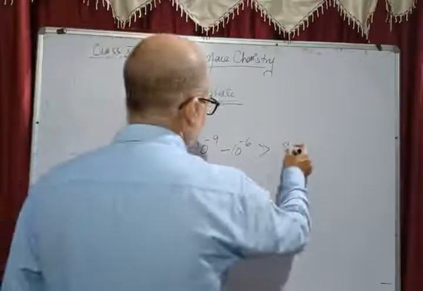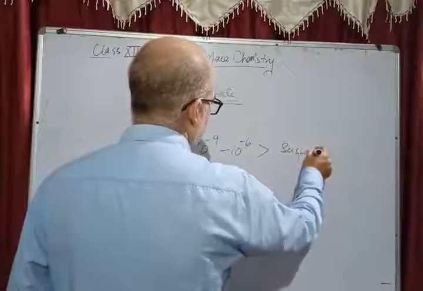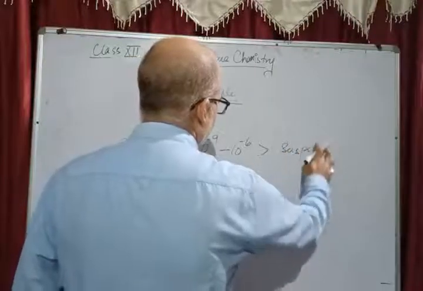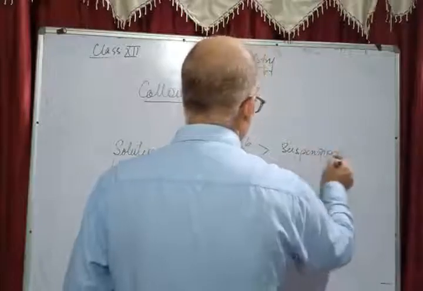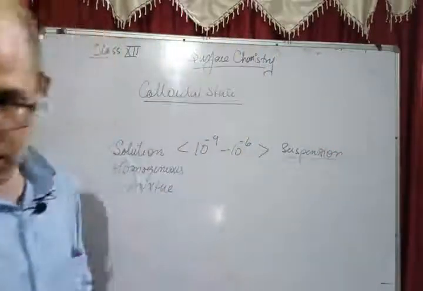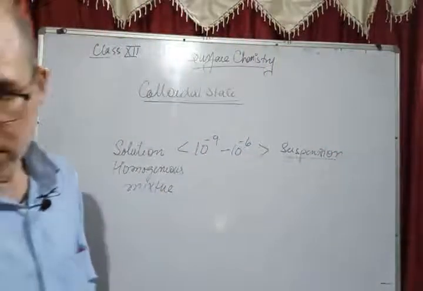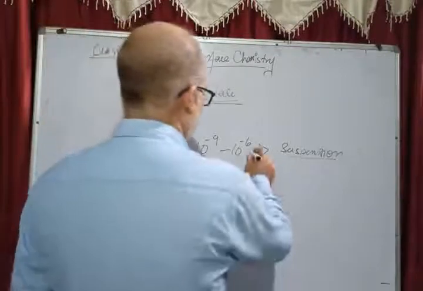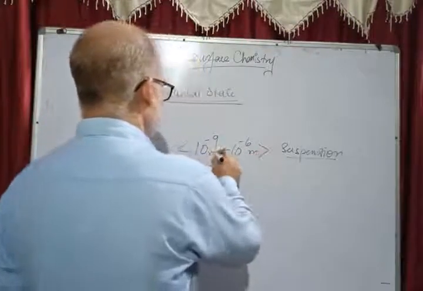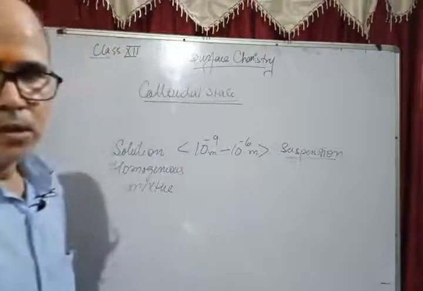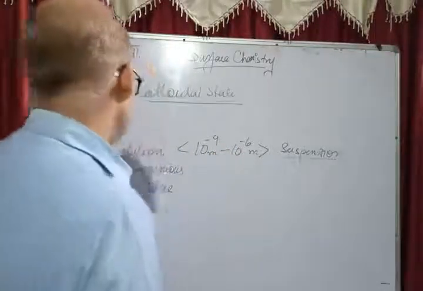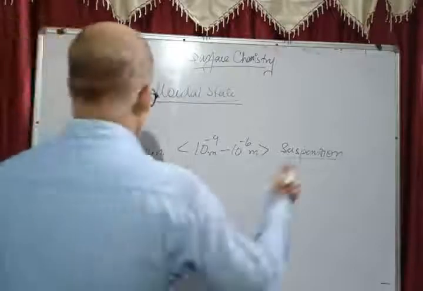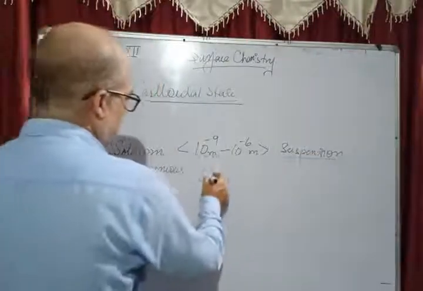Here is the suspension, and the size of suspension particles is greater than 10 to power minus 6 meter. Okay, this is in the form of meter. And in between the suspension and solution there is colloid.